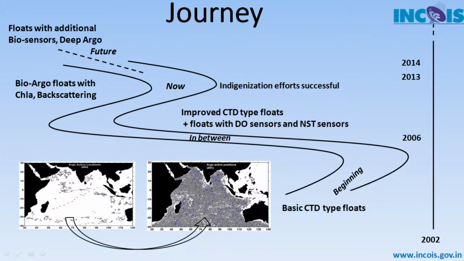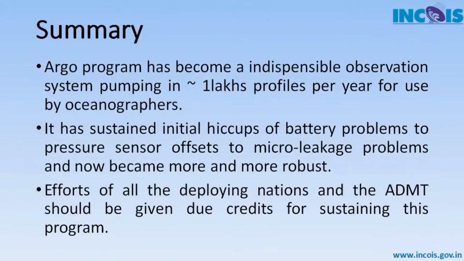The Indian Ocean has been called a data void region for long, but with this particular program, I think we can confidently say that it's no more a data void region, and this data can be extensively used for unraveling all those things that were kept pending, and then publishing pretty good results, so that the Indian Ocean can be much better explored.